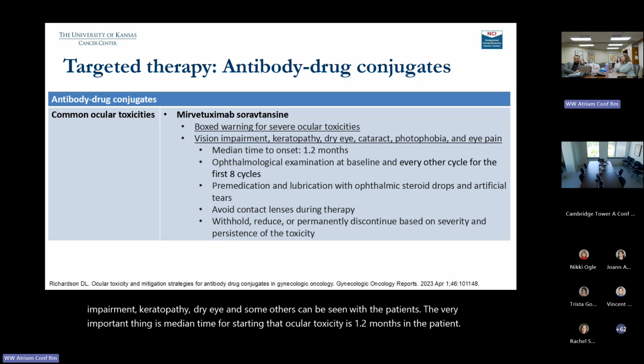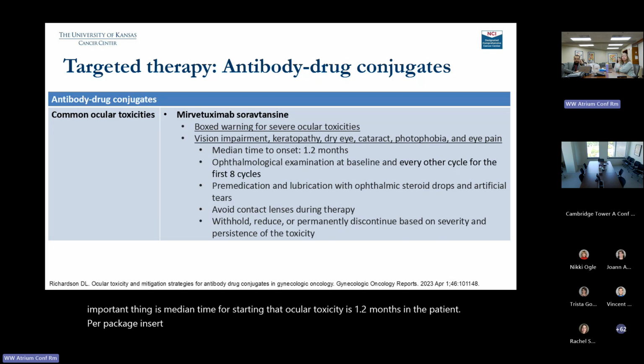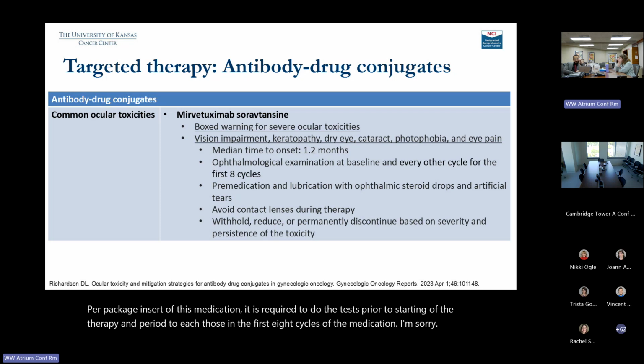Per the package insert of this medication, it is required to do the tests prior to starting the therapy and prior to every other dose in the first 8 cycles of the medication. Every other dose, I'm sorry.